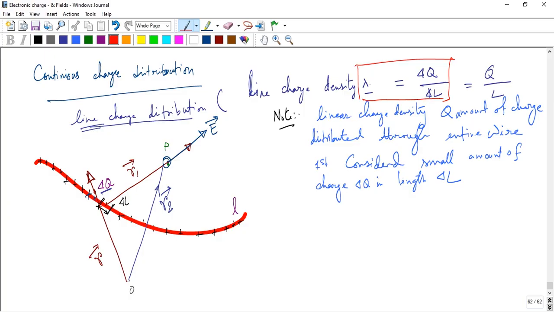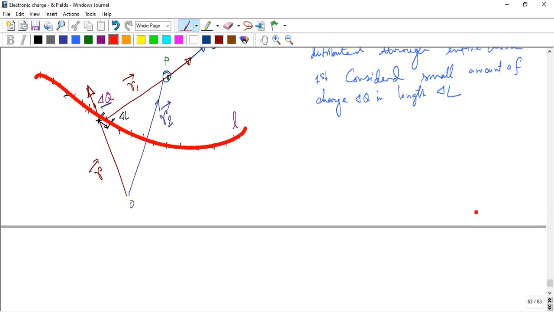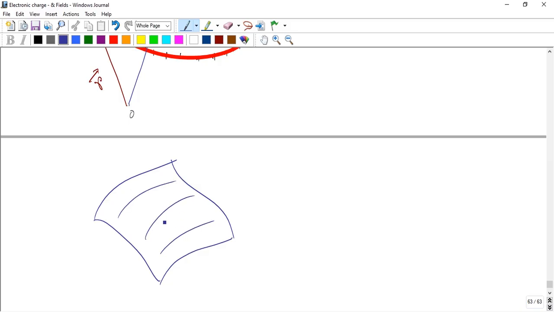Now another important point: another charge distribution is the surface charge distribution, similar to the line charge distribution. First we consider a surface, which is two dimensional, meaning a surface or an area, like a paper. Now consider a small amount of surface.